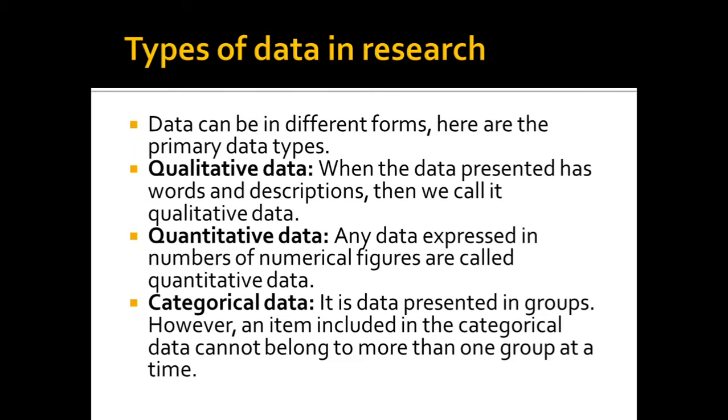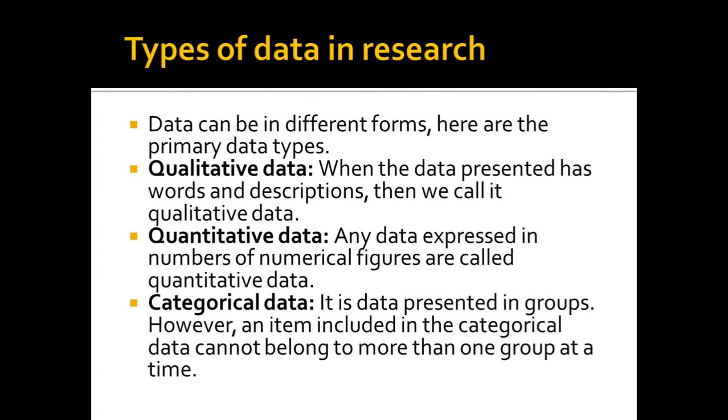Now, there are various types of data that we would collect, and we have to analyze them. We know that data can be in different forms today. As I told you once, it's also in the form of emojis, smileys, emoticons, whatnot. These are all data again. So in primary sources, there are at least three types of data: qualitative data, quantitative data, and categorical data.